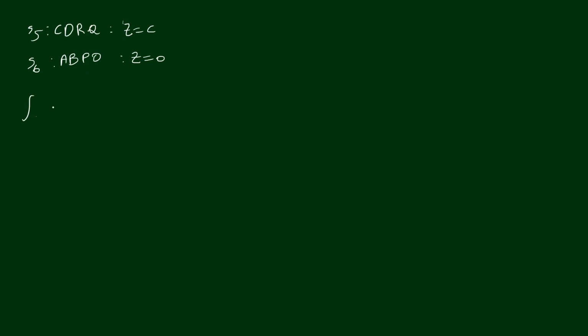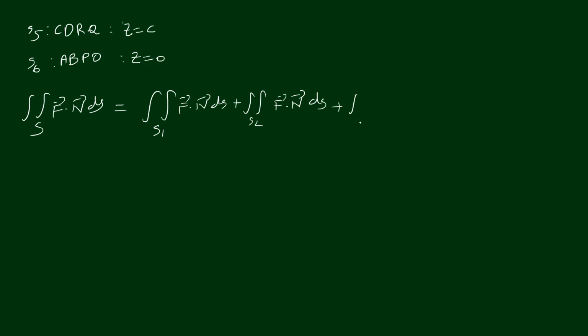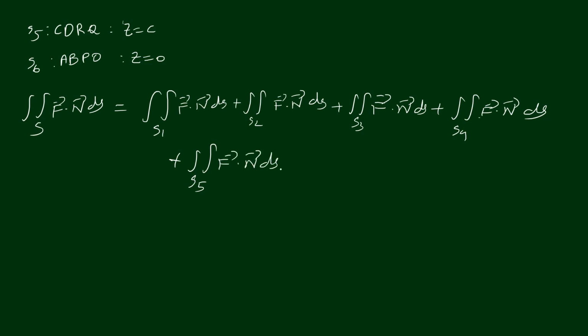So instead of finding the double integral of f dot n dS over this S, you can just find the double integral over S1 of f dot n dS plus the double integral over S2 of f dot n dS plus over S3, plus over S4, plus over S5, plus the double integral over S6 of f dot n dS.